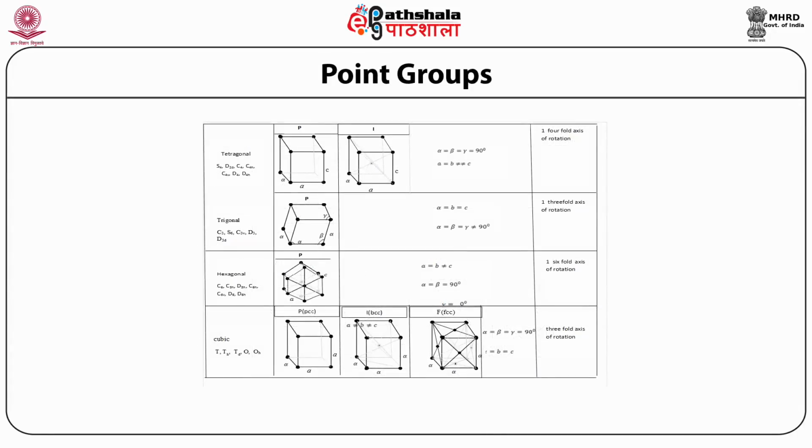The fourth one is the tetragonal system, wherein all the angles are equal and two of the length parameters are equal and the third is different. This has a four-fold axis of rotation, and the point groups these crystals belong to are S4, D2D, C4, C4V, D4, D4H, etc. The fifth system is a system of trigonal crystals in which all the length parameters are equal and all the three angles are equal, but none of them is 90 degrees.